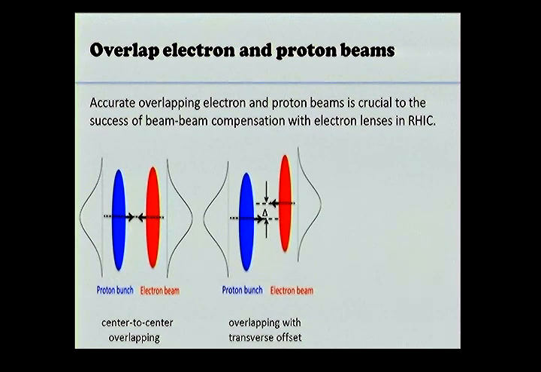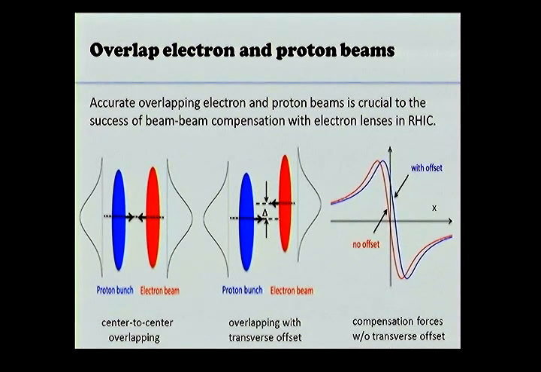Here I show the overlapping with some transverse offset. They are shifted. So there is some transverse offset delta between the center of the proton bunch and the center of the electron beam.